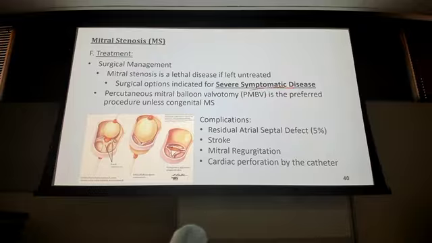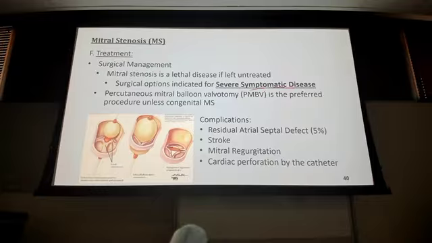basically I thread catheters and wires up through the right side of the heart. I punch through the atrial septum, and then I thread a deflated balloon down through the mitral valve. Once I'm in position, I will inflate that balloon.